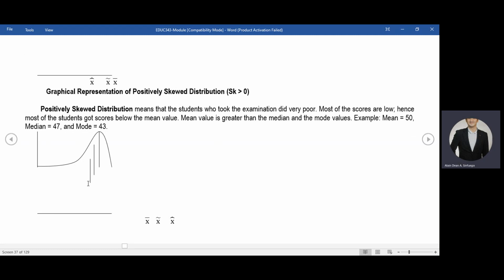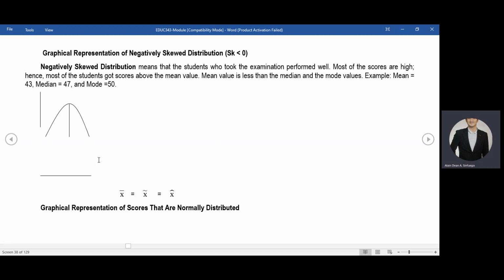The second illustration will be for the negatively skewed distribution. And of course, for a normal distribution, it is a parabola opening downward. So when we say negatively skewed, most of the scores, if not all, are above the mean score.